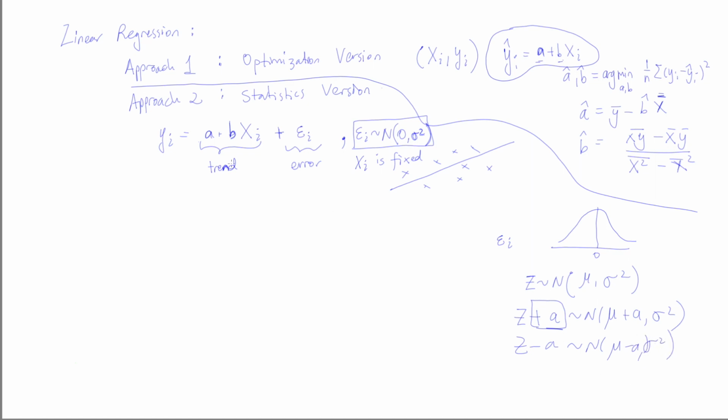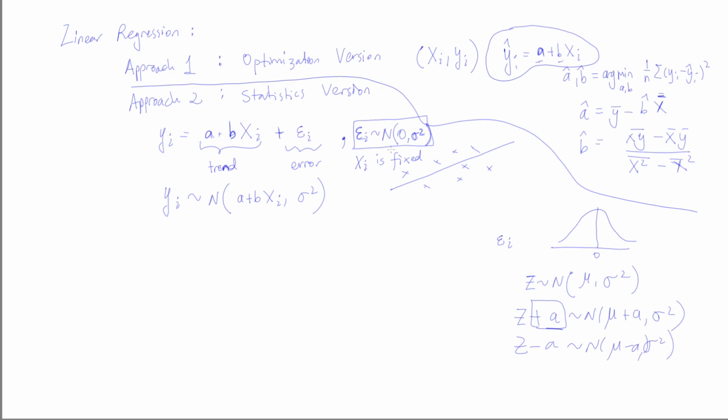Okay, so let's go back to here. If I make this assumption about the errors, what does it say about my Y's? Well, Yi is going to be distributed, this is a normal random variable plus a constant, right? This is a constant. So it's going to be normal with mean a plus b xi and variance sigma squared.